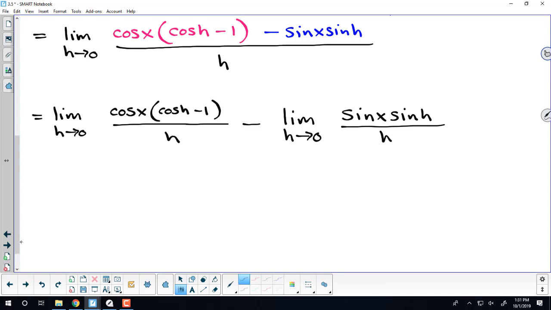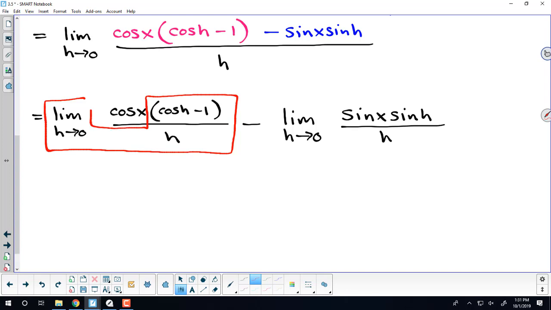Now, wouldn't the limit of sine x, sine h over h just become sine x times 1? Yeah, right. So that's where those two limits that we referred to on the first page come in. The limit as h approaches 0 of cosine of h minus 1 over h, that was in the theorem, that limit is equal to 0.